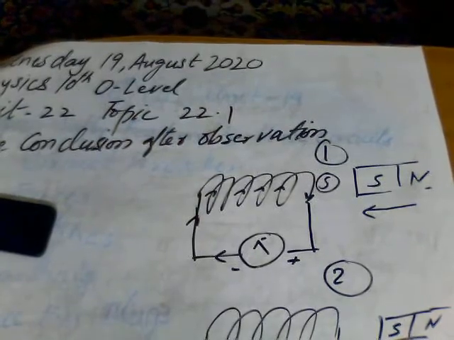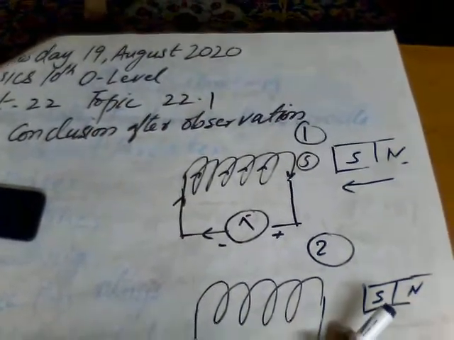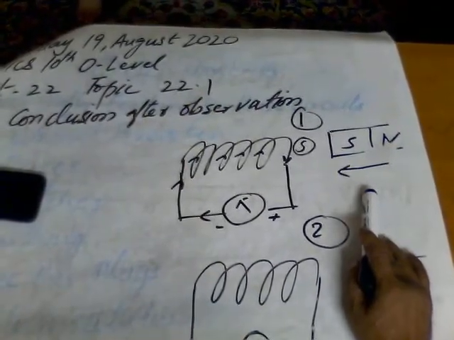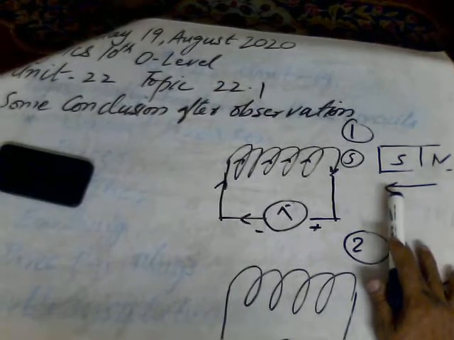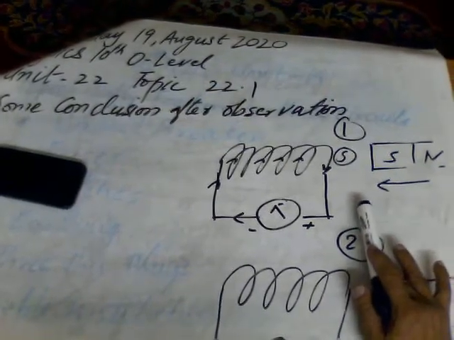So in the first figure we see a bar magnet whose south pole was moved toward the solenoid.